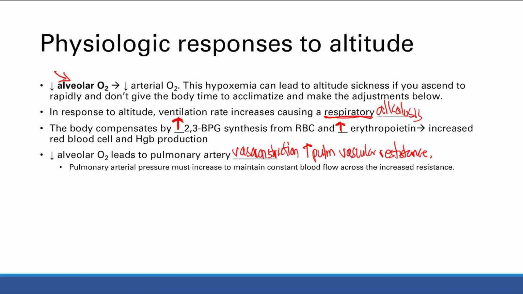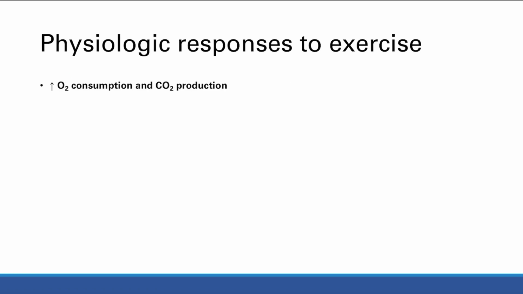And now if you have increased pulmonary arterial blood pressure, you're going to develop pulmonary hypertension, and eventually it's going to back up and cause right ventricle hypertrophy because the ventricle has to push harder against the lungs. So this can happen if this is a long-term problem, okay? This is a basic general problem. If you have hypoxia of the lungs, if you have low oxygen in the lungs, eventually you're going to get increased pulmonary vascular resistance, increased pulmonary arterial pressure to combat that resistance, and you can develop pulmonary hypertension and right ventricular hypertrophy.